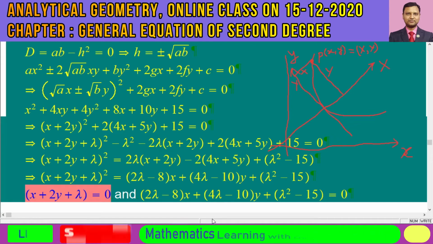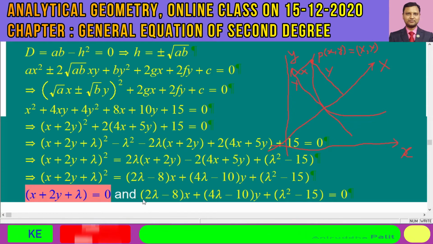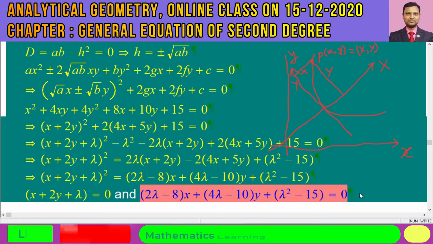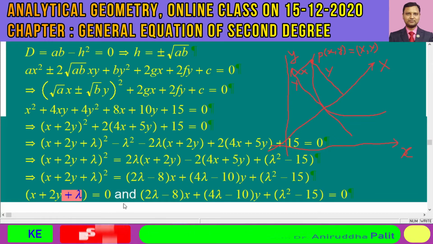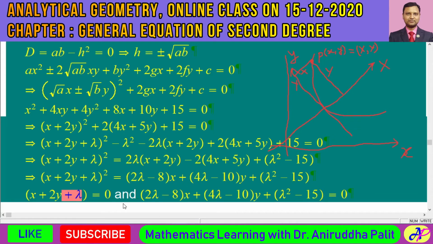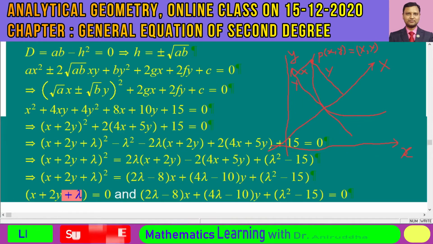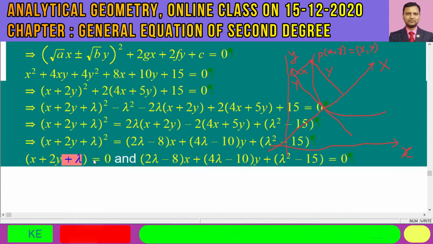The question is, is it possible to make these two straight lines perpendicular? Answer is yes, it is possible by choosing lambda suitably. In other words, we are going to choose the value of lambda in such a manner that these two straight lines become perpendicular to each other.